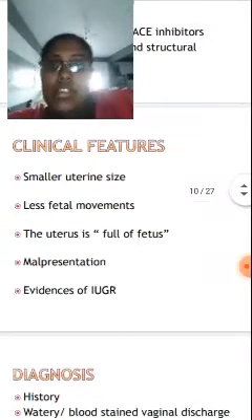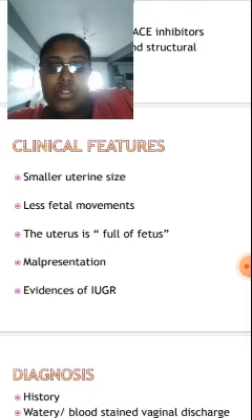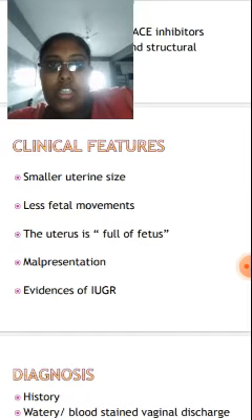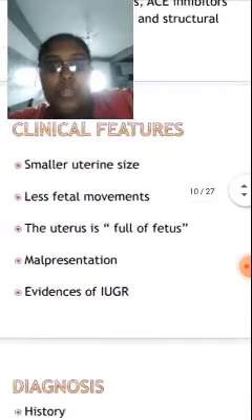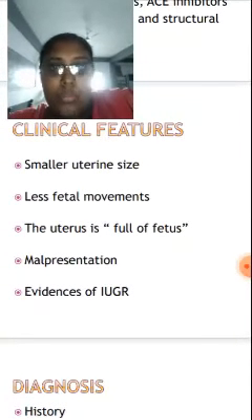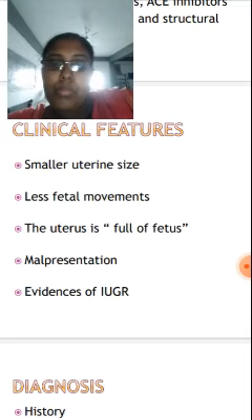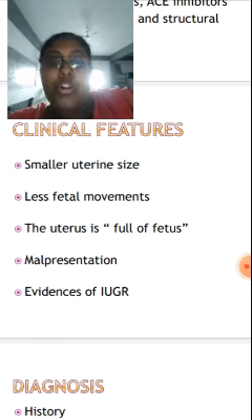The clinical features of oligohydramnios: the fluid will be less, so the uterine size will be smaller than the period of gestation. Then there is less fetal movement, because the baby does not have adequate space to move. The uterus feels full of fetus.